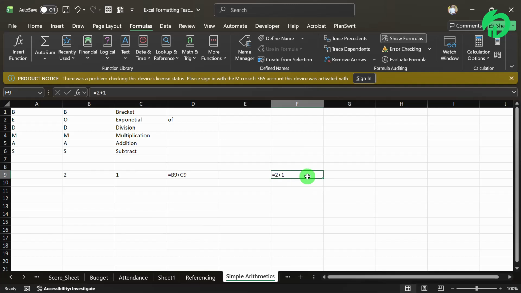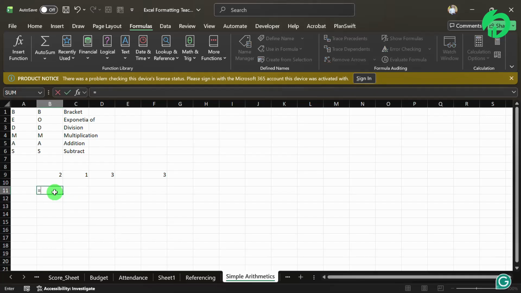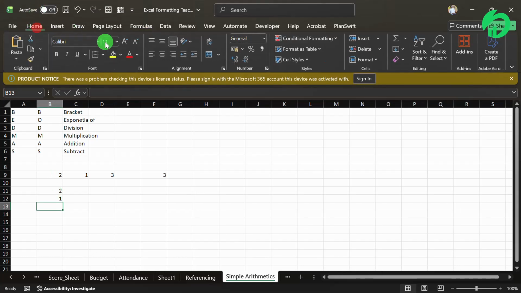This is your 2 plus 1. And then you can also toggle this again to go back to your normal result. Other functions include your normal division, 4 divided by 2, which is this. Your 2 minus 1 gives you 1. That's also valid, and your other functions that you can think of. So this is basically how to calculate your basic operations.